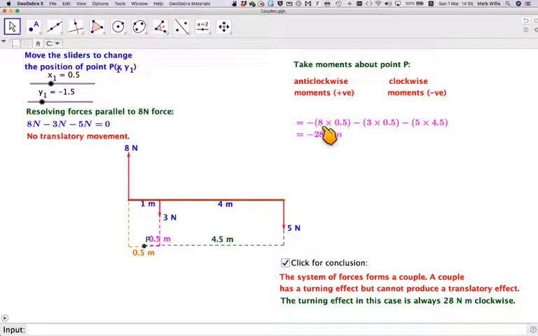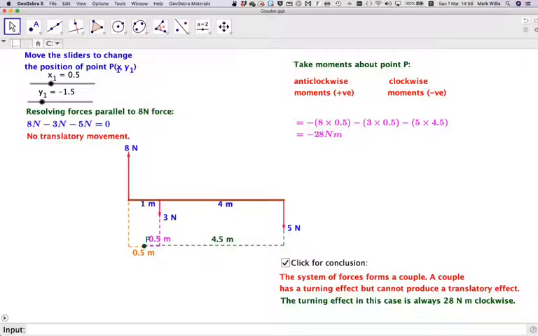Okay, so now this will actually go clockwise, and these two will go clockwise as well. We're going to get minus 8 times 0.5, minus 3 times 0.5, and then minus 5 times 4.5.